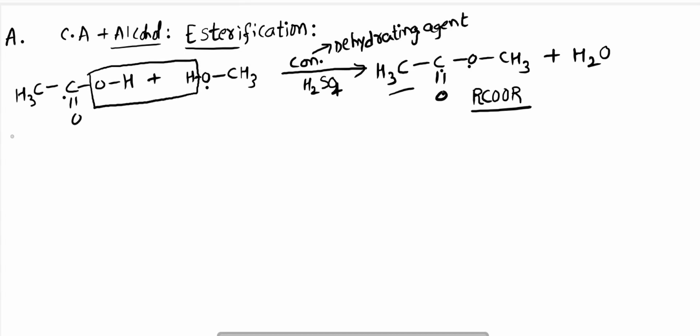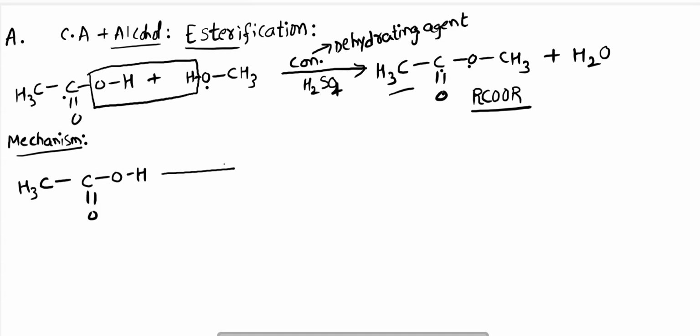Now in this reaction, we mainly have to see the mechanism. So the mechanism is the main one. What happens in this reaction is, this carboxylic acid will be like this. First it is reacted with acid.